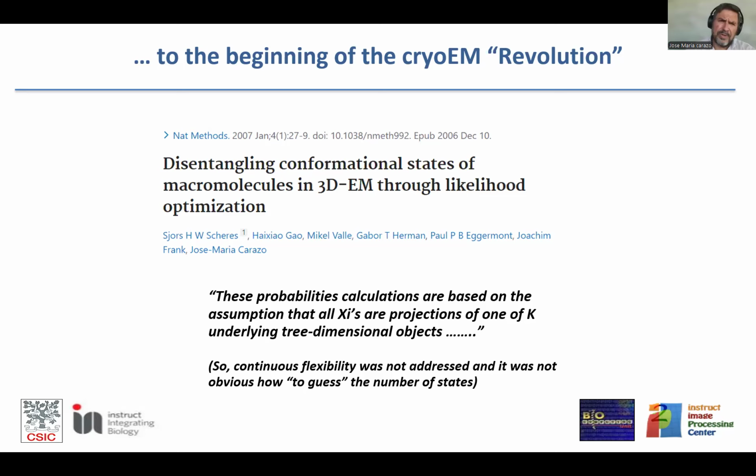Of course, this was 2007. At that time, we had to make an important assumption: that the variability of your specimen was of the form of a number of stable states, a number of classes, and that you had to know this number of classes as a parameter. We were not happy, but we didn't know how to do better.